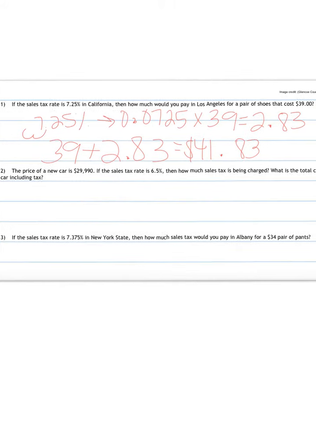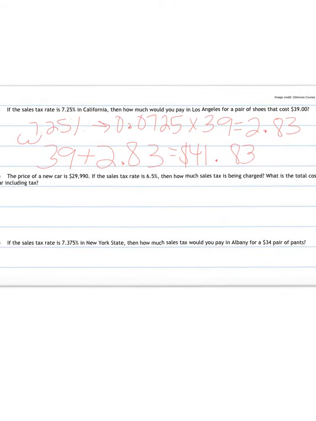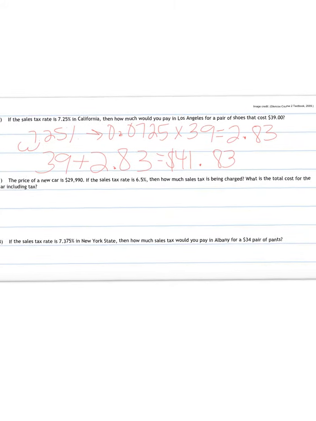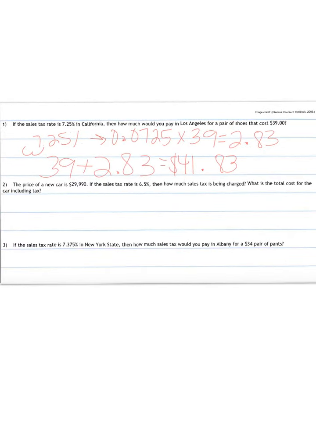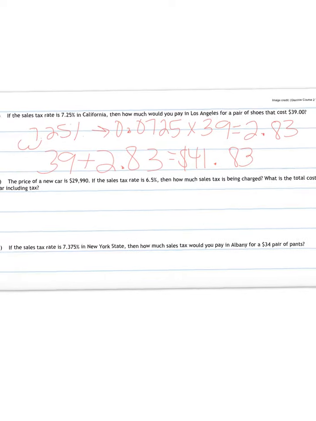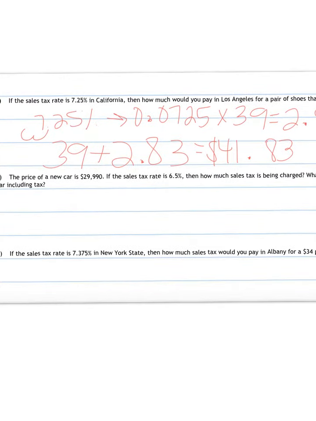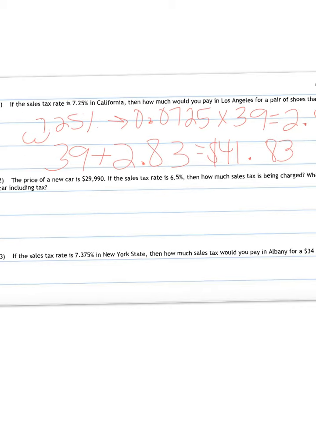Next one, the price of a new car is $29,900. If the sales tax rate is 6.5%, then how much sales tax is charged, and then what is the total cost? So first, let's find the sales tax. 6.5%, turn it into a decimal: 0.065 times 29,900. That's $1,943.50.